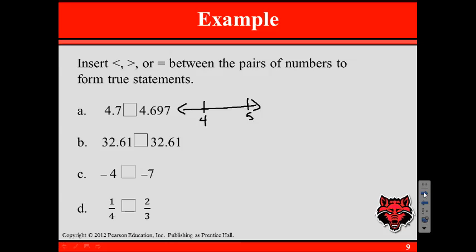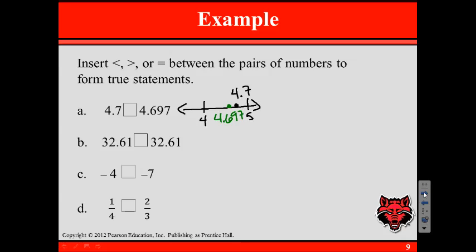On that number line, somewhere between 4 and 5, closer to 5, we would have the point 4.7. Now, somewhere very close to 4.7, but somewhere a little bit to its left would be 4.697.